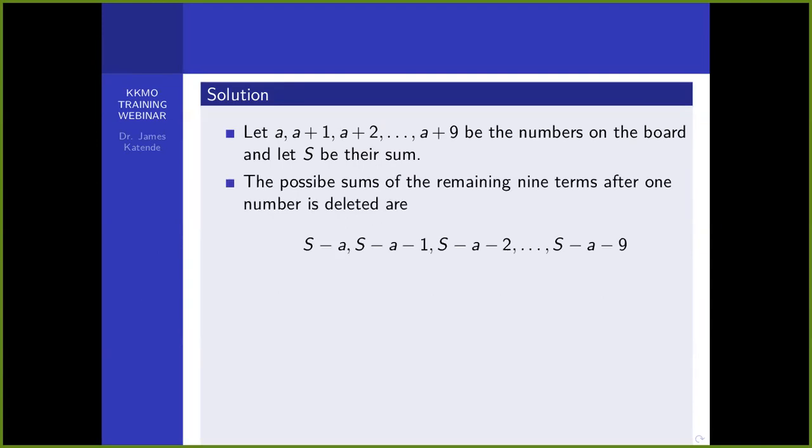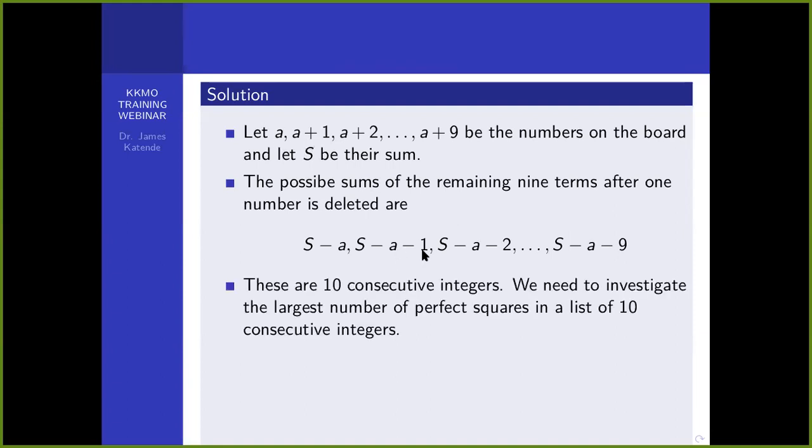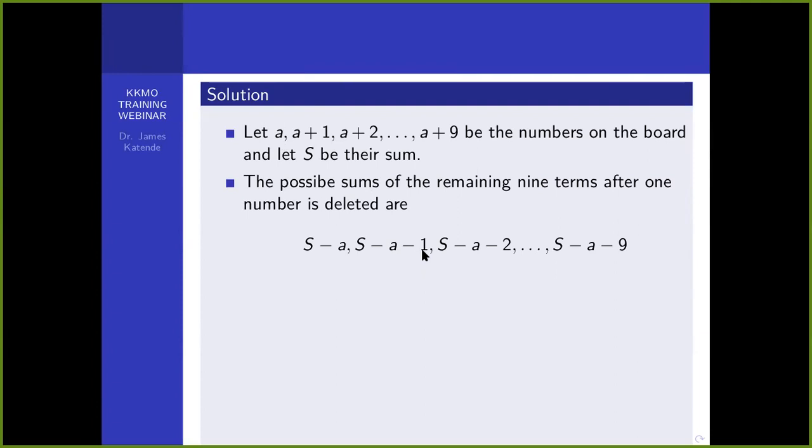So we now consider all the possible sums of the remaining 9 terms after one number is deleted. So if a student picks the first number A, the sum of the remaining terms will be S minus A. If a student picks the number A plus 1, the sum of the remaining terms will be S minus A minus 1. So this goes on like that until the last term, where the sum of the remaining 9 terms, if A plus 9 is picked, will be S minus A minus 9.